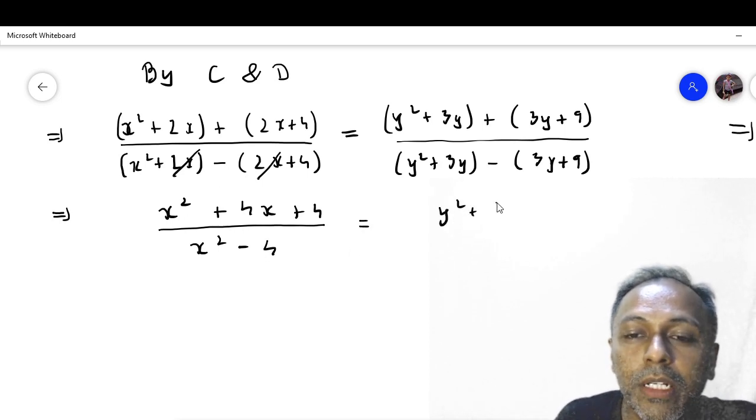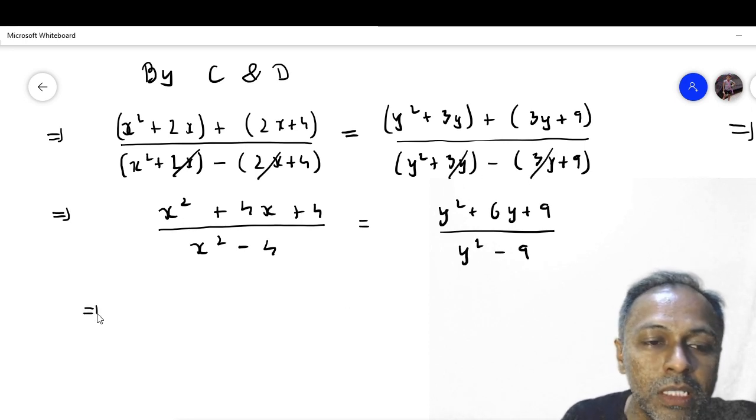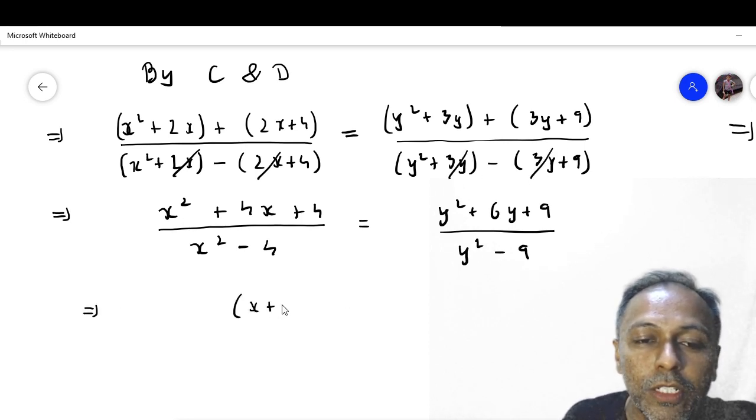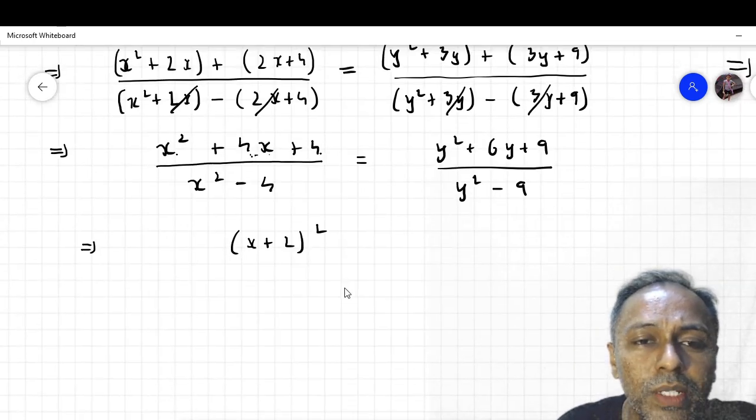Similarly, we are getting in numerator y square plus 6y plus 9 upon y square minus 9 as 3y gets cancelled out. This becomes x plus 2 the whole square, as 4 is a perfect square. This is already a perfect square and this is a middle term 2ab, 2 into 2x into 1.